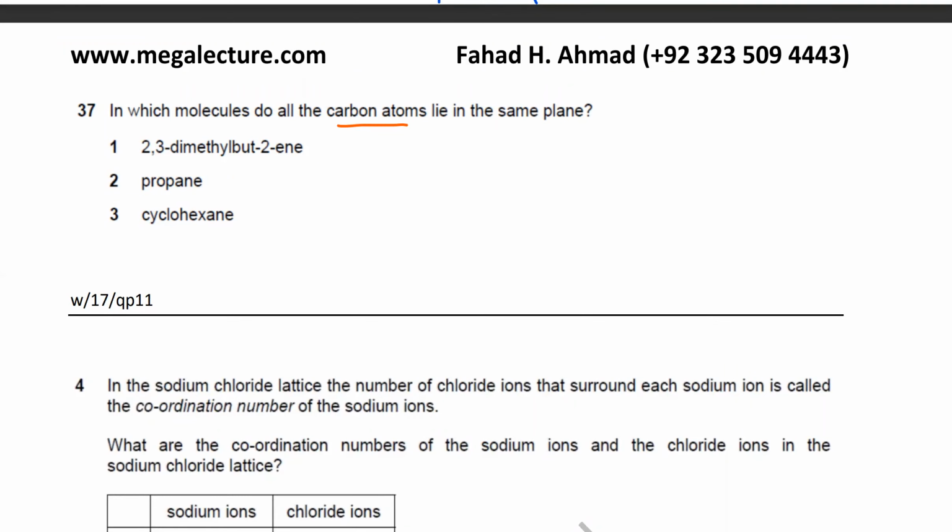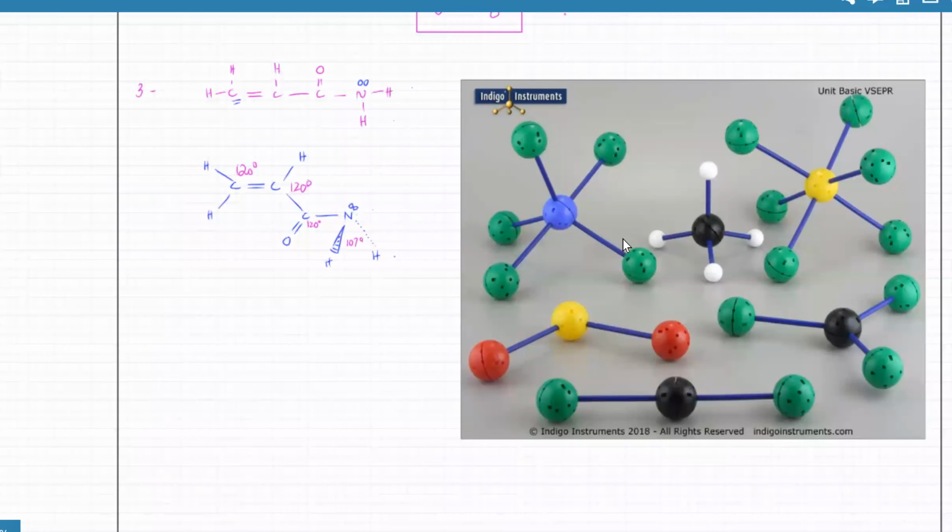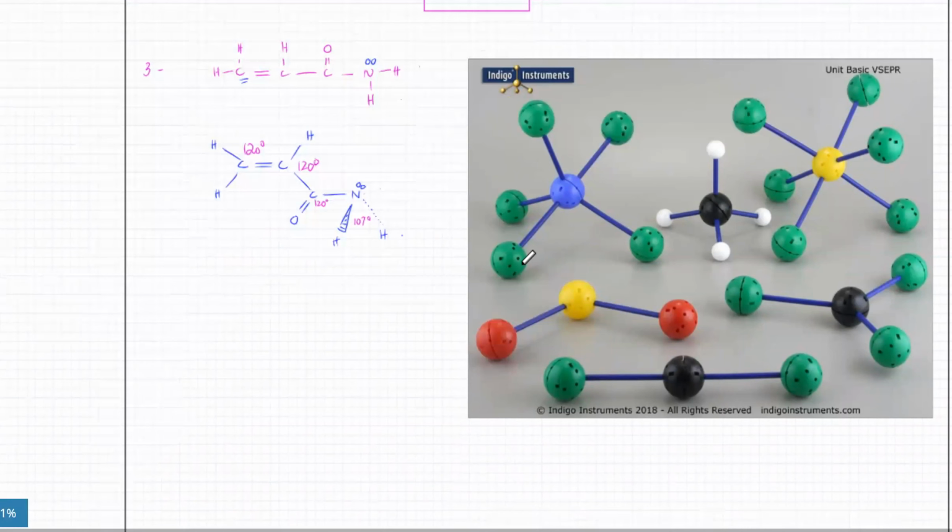So if I pick any other non-planar shape, like even the octahedral shape, for example, even this shape over here, even if I pick a trigonal planar shape, if you're talking about all the atoms, then it's obviously not planar.